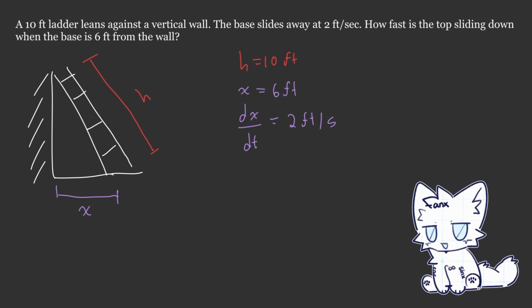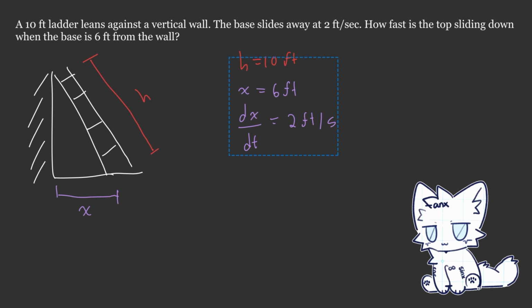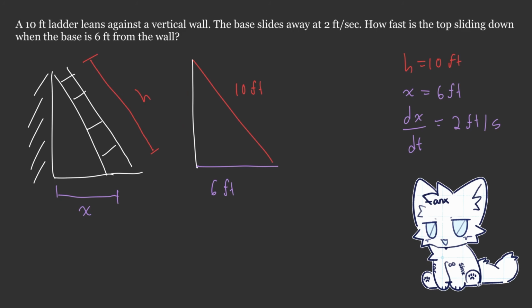If we just draw out that triangle, right next to the drawing, this would be 6 feet, and this would be 10 feet. And then there's this unknown here. Let's label that y.